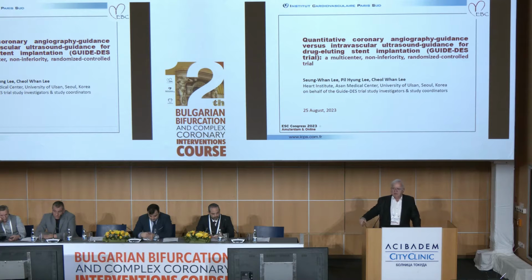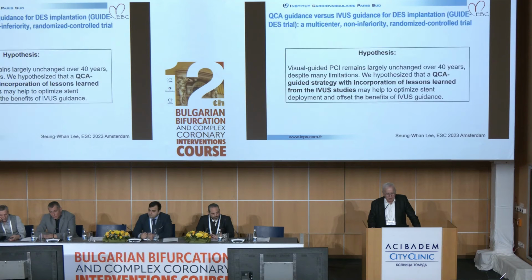But we have an alternative study coming from Korea, which is still, to my knowledge, not published, but was presented at the European meeting in Amsterdam last year. The hypothesis was that visually guided PCI remains largely unchanged over 40 years, despite many limitations.